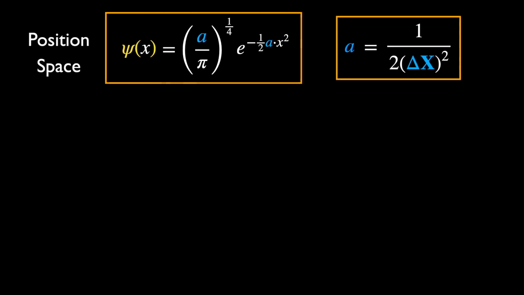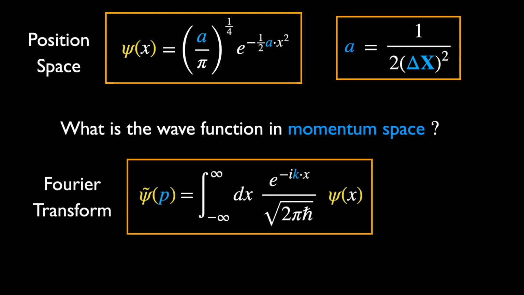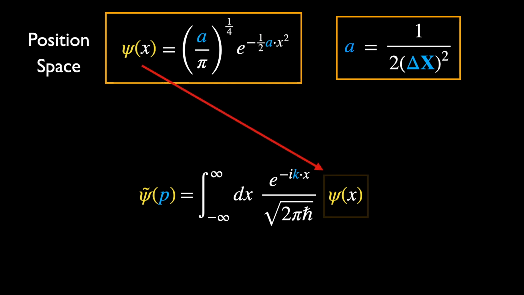Given that we have a Gaussian wave function in position space, what is the corresponding wave function in momentum space? This is given by the following Fourier transformation. Let's substitute our Gaussian wave function.